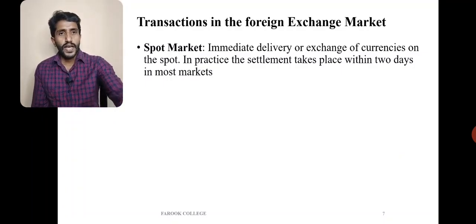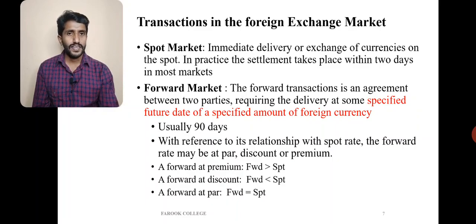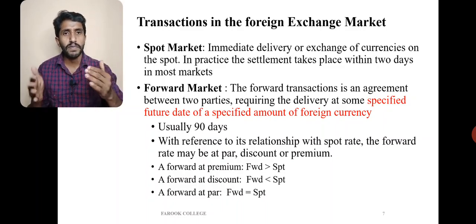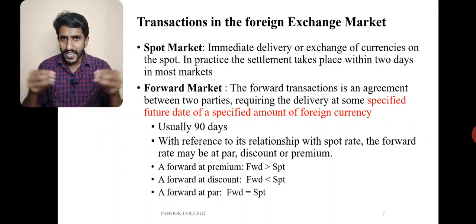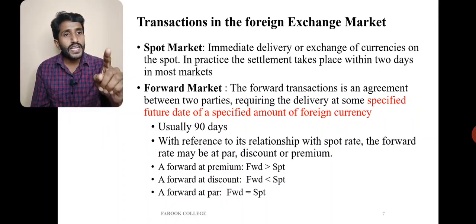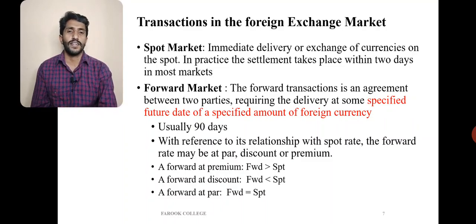Okay, and there is a forward market. There won't be immediate transactions. The forward transaction is an agreement between two parties. What kind of agreement? One requiring the delivery at some specified future date of a specified amount of foreign currency.